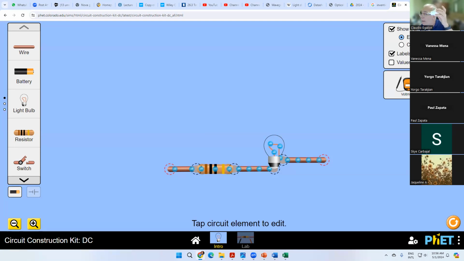This is a real life light bulb, and I want you to see that. An incandescent light bulb also has a filament inside. One end of the filament is connected to the tip. The other end of the filament is connected to this other part of the lamp.